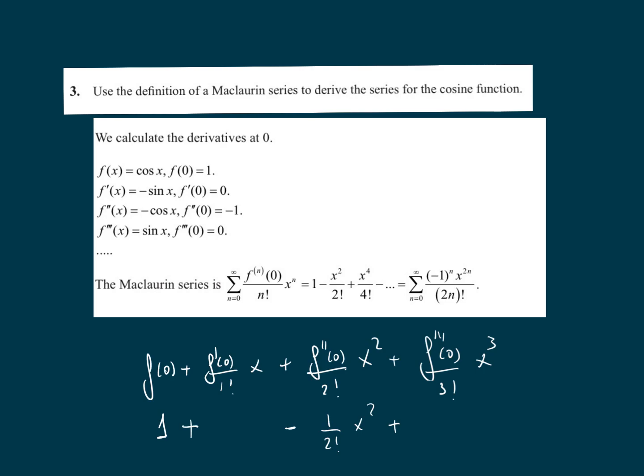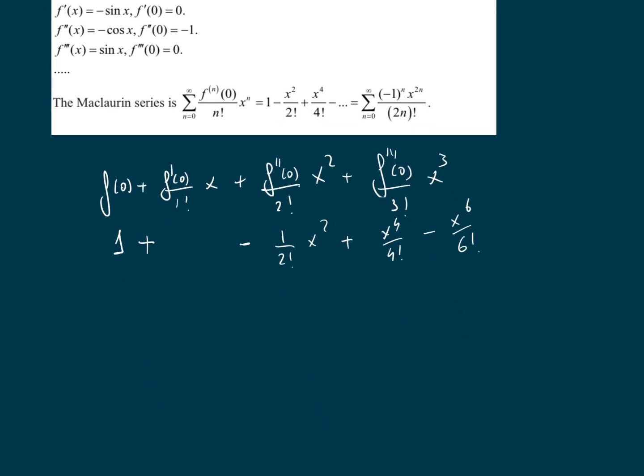So the power series is 1 minus x squared over 2 factorial plus x to the 4 divided by 4 factorial minus x to the 6 divided by 6 factorial, so this cosine of x can be written, this is the Maclaurin polynomial centered at x equals 0 that never ends, plus x to the 8 divided by 8 factorial, and it can be written as the summation from n equals 0 to infinity of minus 1 to the n, x to the 2n, because I have to cover the even powers.